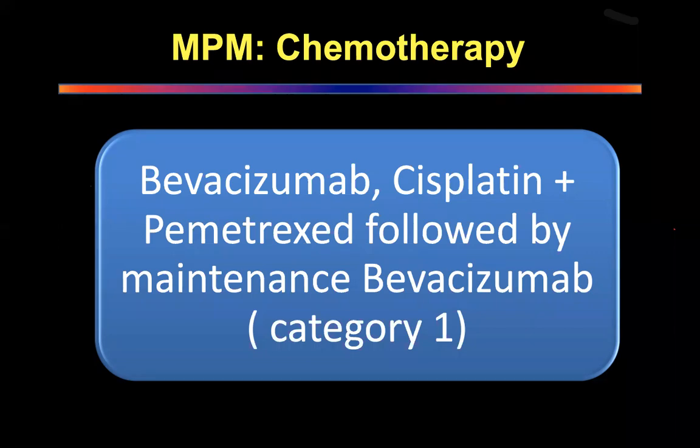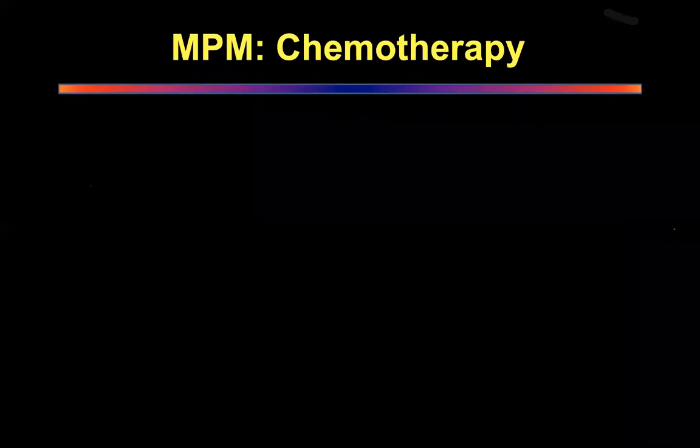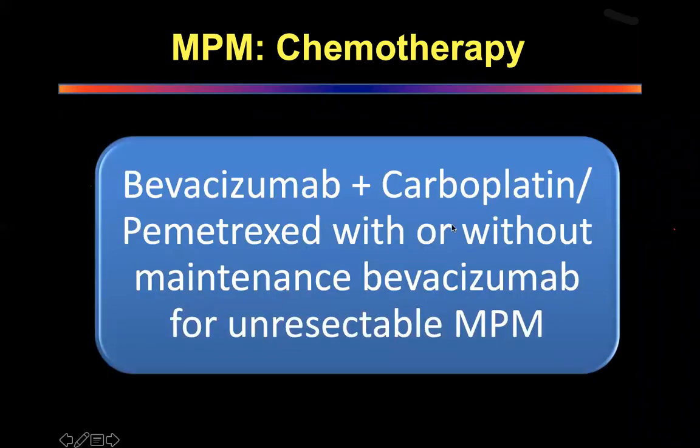So get these 2 names very clear. Cisplatinum plus pemetrexed, or you add bevacizumab, and maintenance is with bevacizumab. Okay, very, very simple, nothing complicated about this. Just the names are a bit awkward to remember. There is also one more therapy where the cisplatinum has been replaced with carboplatin.